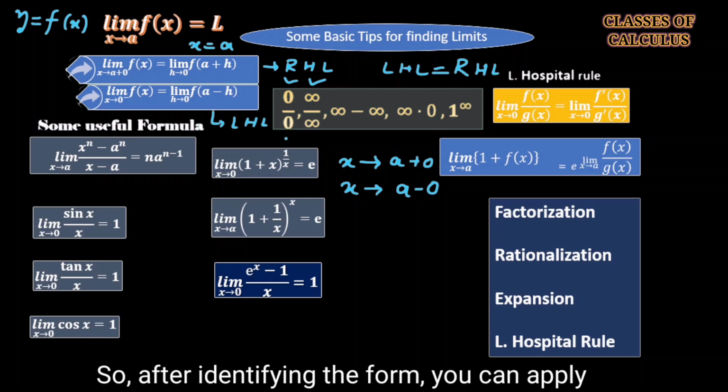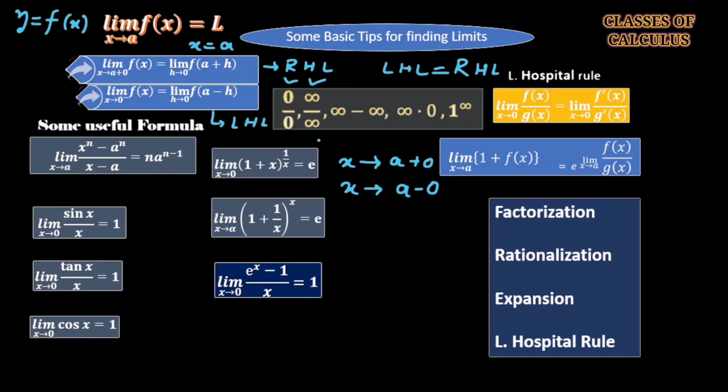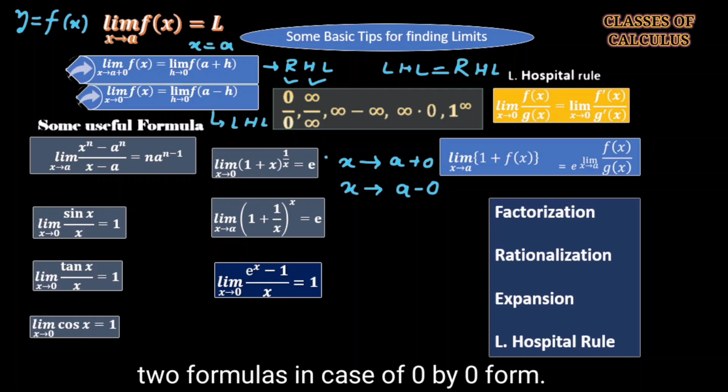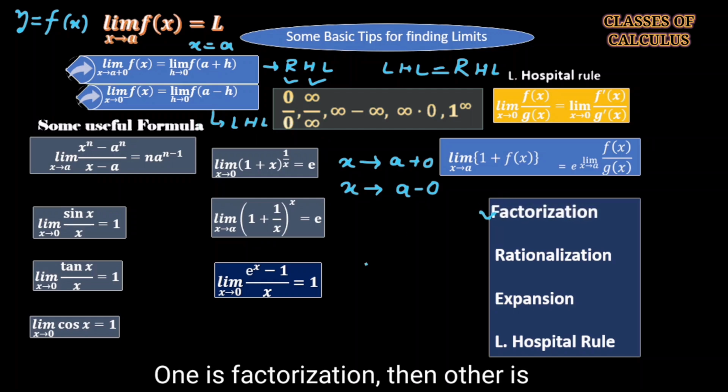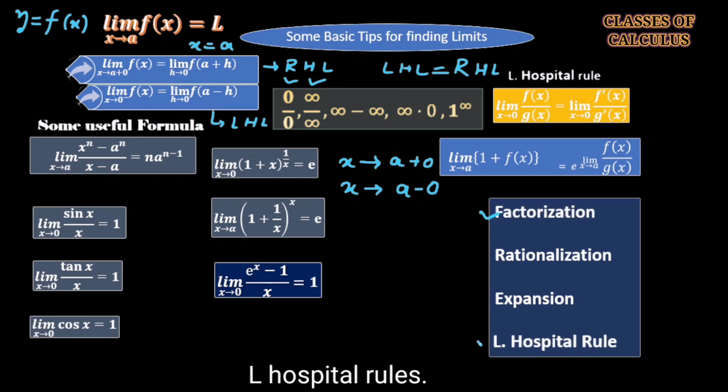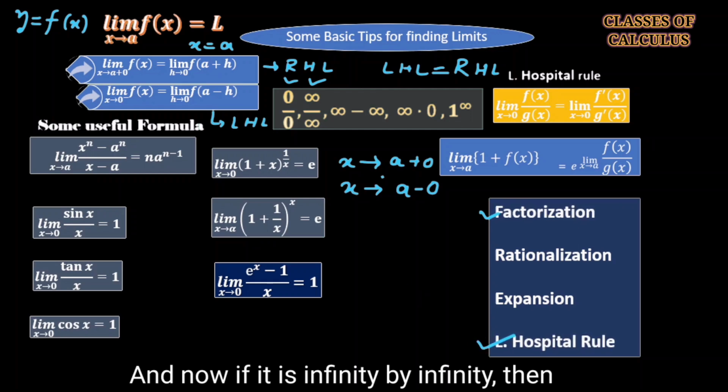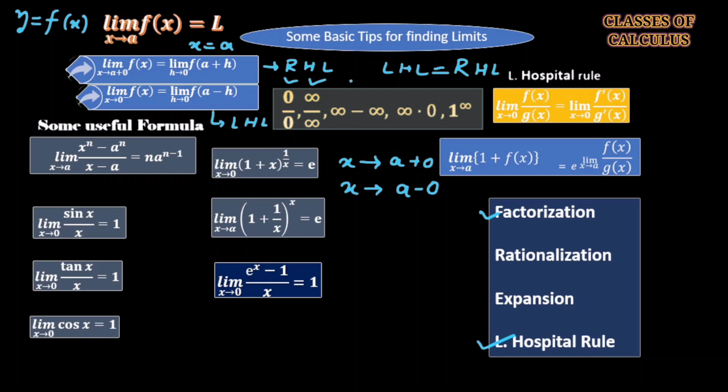After identifying the form, in case of 0 by 0 form you can apply two methods: one is factorization, and the other is L'Hospital rule. If it is infinity by infinity, then apply L'Hospital rule to find the value of the limit.